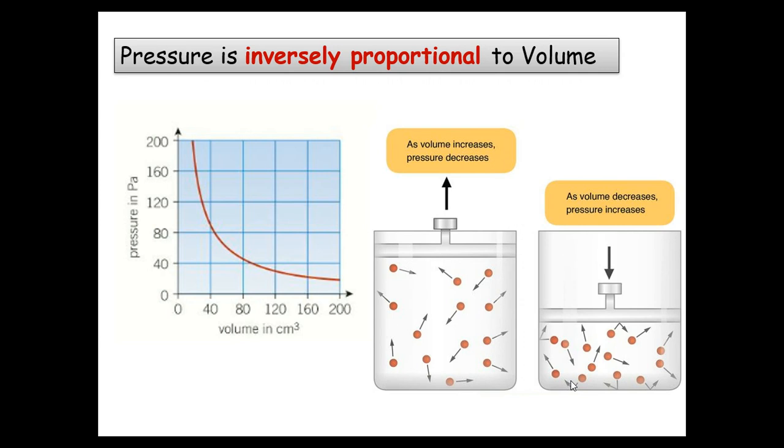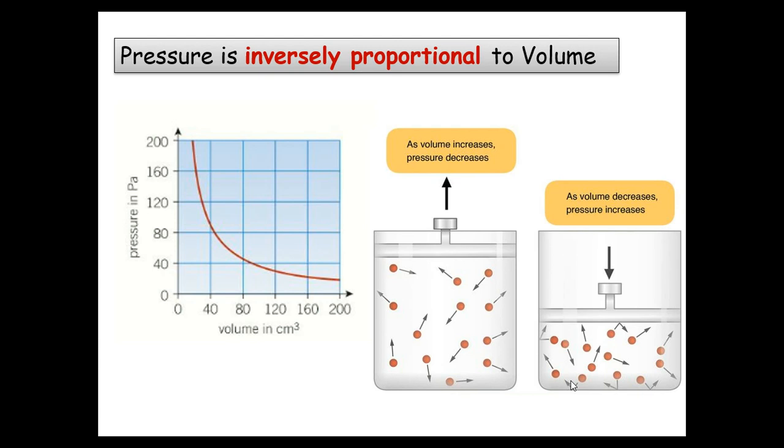This relationship is called inversely proportional. Gas pressure is inversely proportional to volume. As the pressure increases, the volume decreases, or as the volume increases, the pressure decreases. If you double the pressure, you halve the volume. If you double the volume, you halve the pressure.